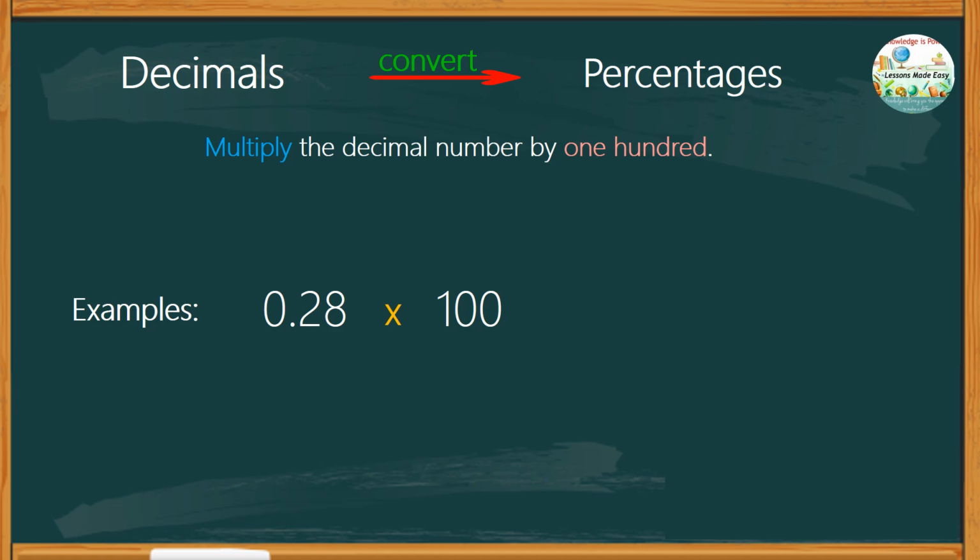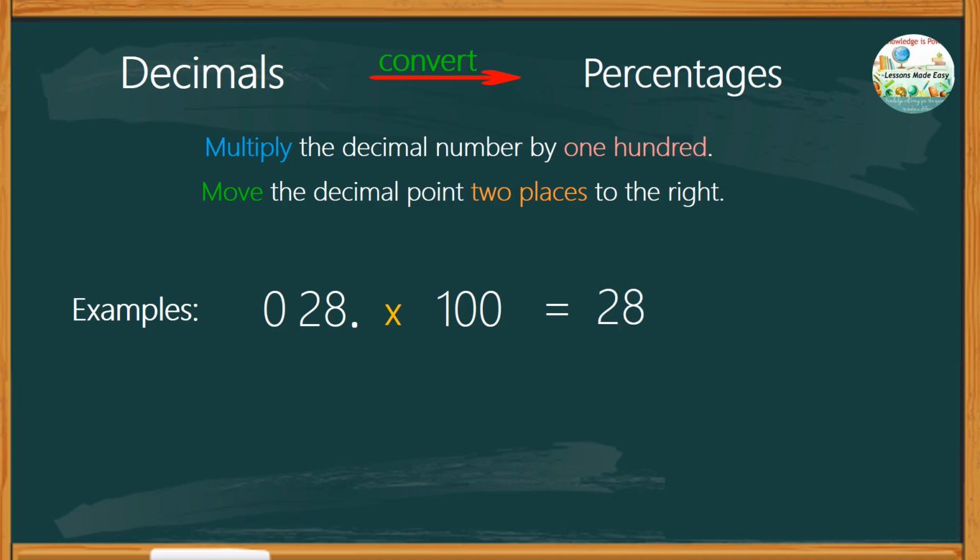And since 100 consists of 2 zeros, simply move the decimal point 2 places to the right. This way. If the decimal point is to the right of the digit in the ones place, this can be expressed as a whole number. And add the percentage sign. So 0.28 is 28%.